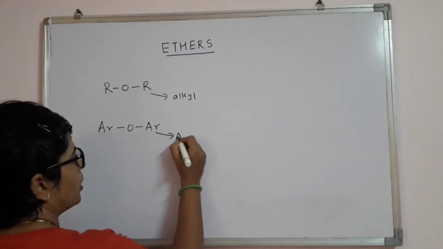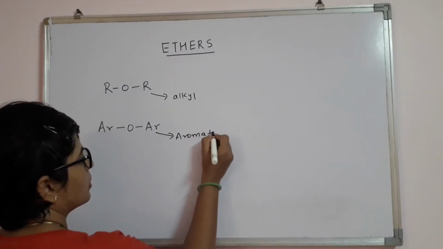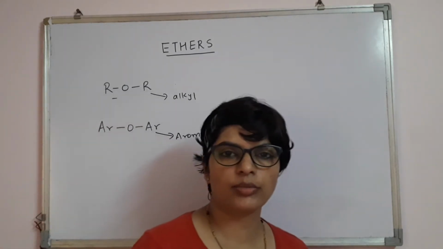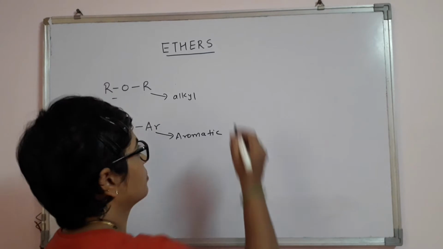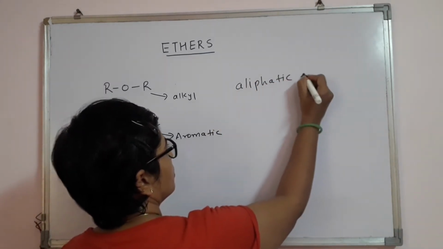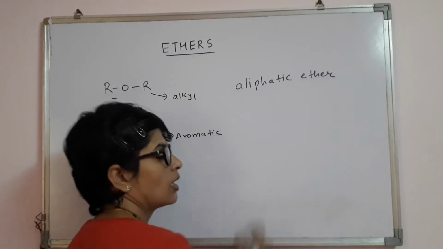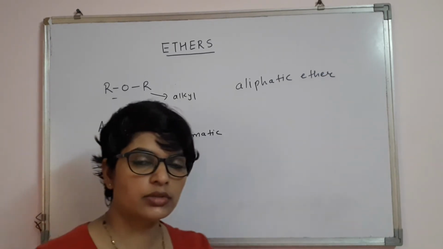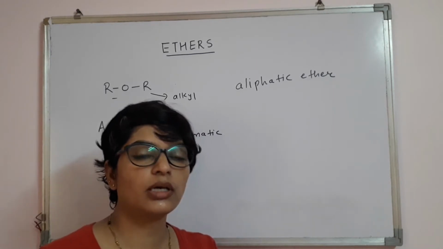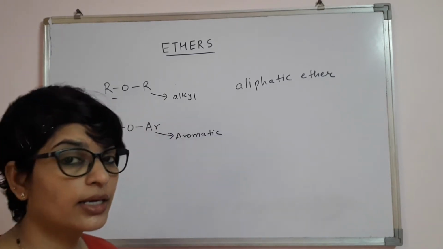This will be your aromatic ring. If this is the compound, like if we write it as ROR, then it will be called an aliphatic ether. And if we write it as some benzene or its derivative on both sides of the oxygen atom, then it will be called an aromatic ether.